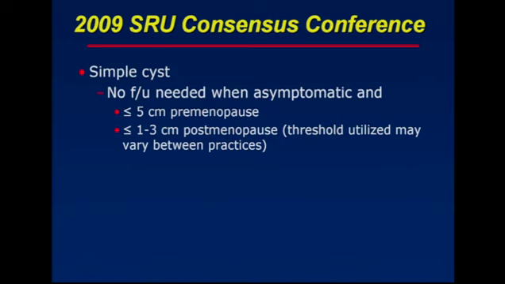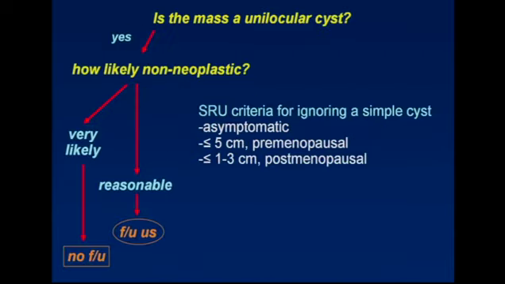And so basically advocated that the threshold between 1 and 3 centimeters could reasonably vary between practices based on how important it was to that practice not to mistake a benign neoplasm from a non-neoplastic cyst that's asymptomatic.